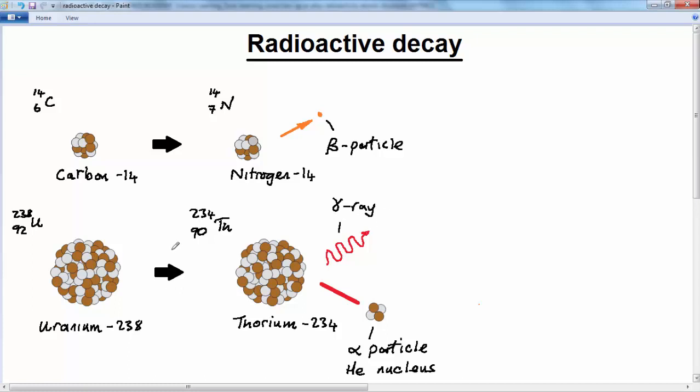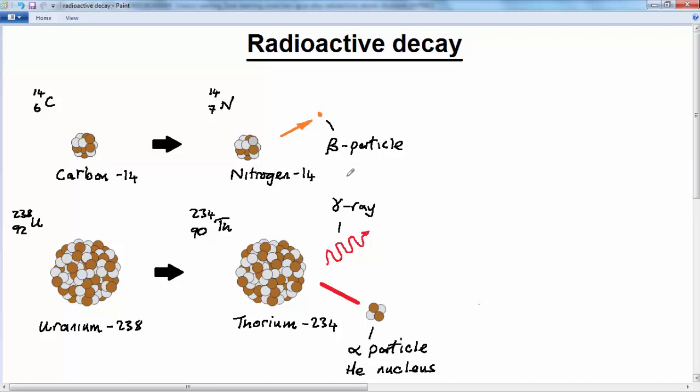Now we want to do this bit by bit, but in the next few lessons we're going to explain why, in the case of carbon, when we have beta particle emission, the atomic number increases by 1 from 6 to 7 and we get a new element, nitrogen, and likewise in the case of uranium, when the alpha particle is emitted, we get a decrease in atomic number by 2 to thorium and a reduction in the mass number, which is all to do with the types of radiation that are being emitted.